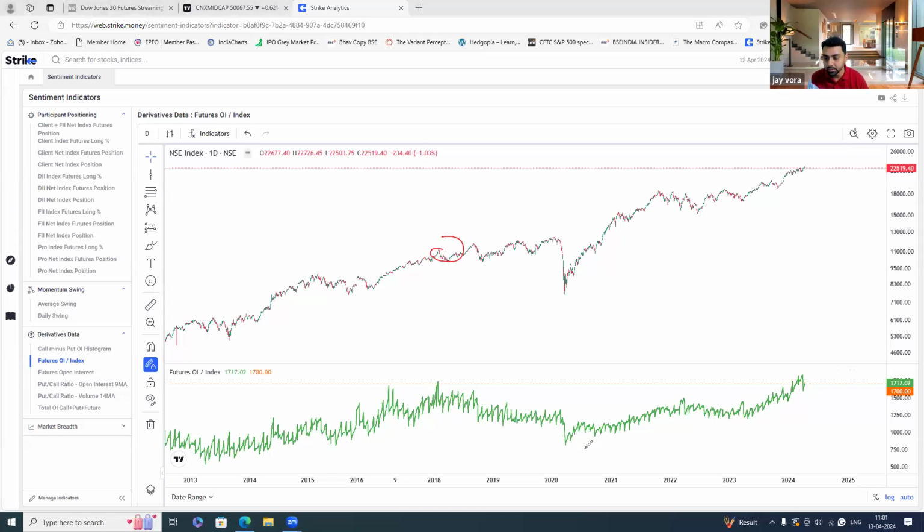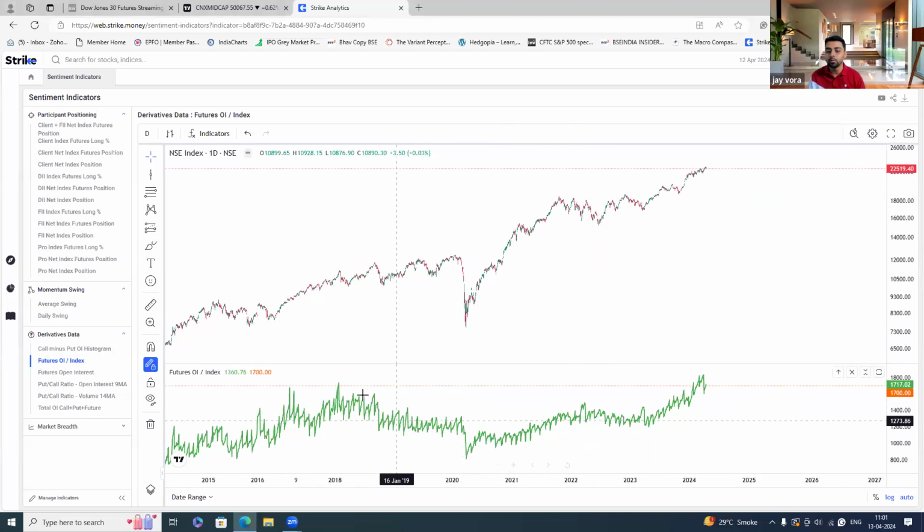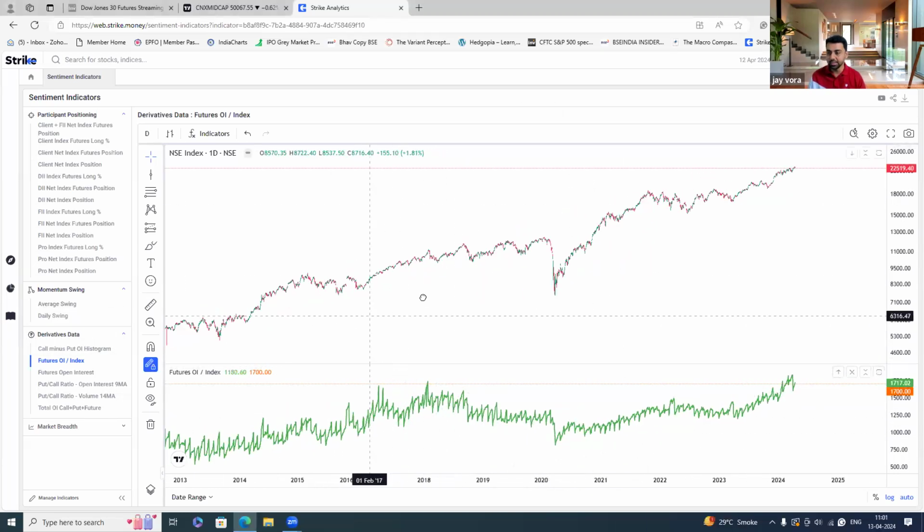Now, when this ratio comes to a lower level, that's where it tells you there is no speculation here and people are largely out of the market. So that is the point where people are sort of neutral, they are light on leverage, so now the leverage can pick up in either direction. But the more helpful signals that we have found is when this reaches an extreme.